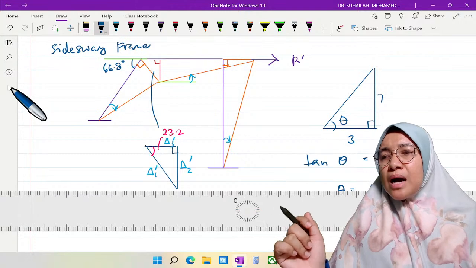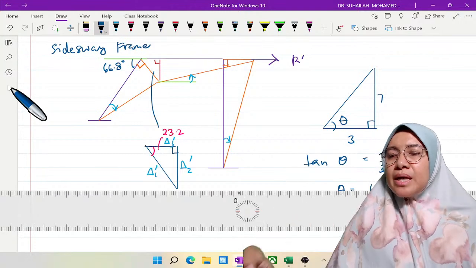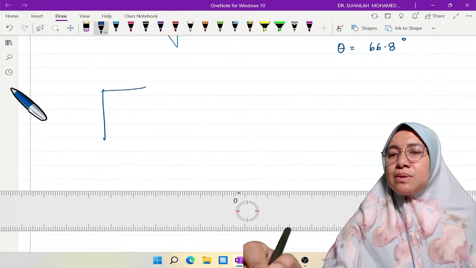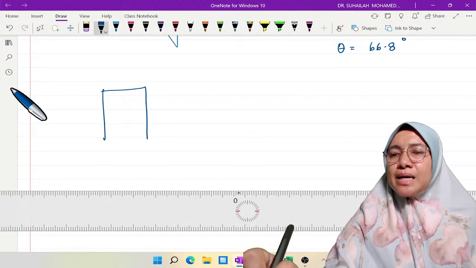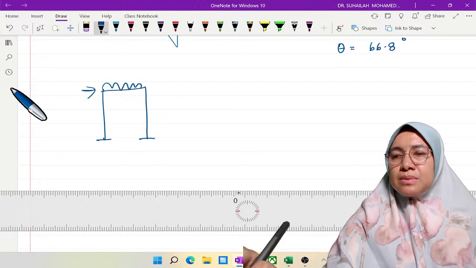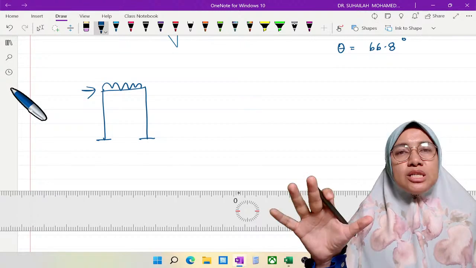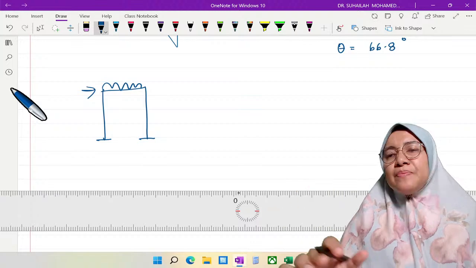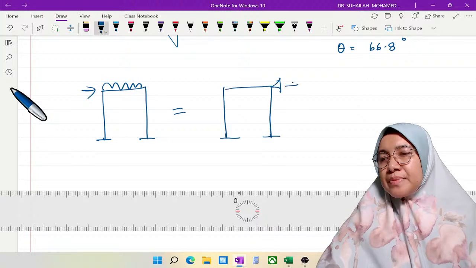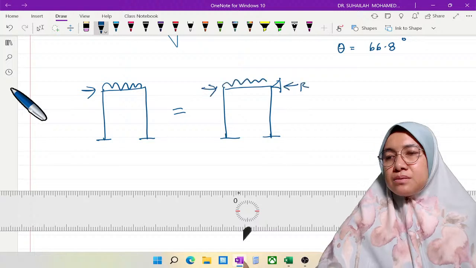This is subjected to R prime. If we want to recall, the concept is like this. We have a frame, roughly like this. This is the original. So we apply the principle of superposition, we get this. This is R, plus this.